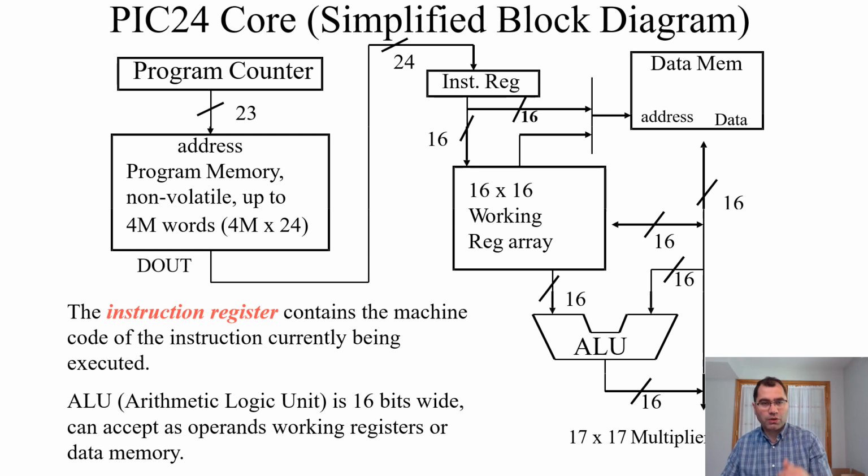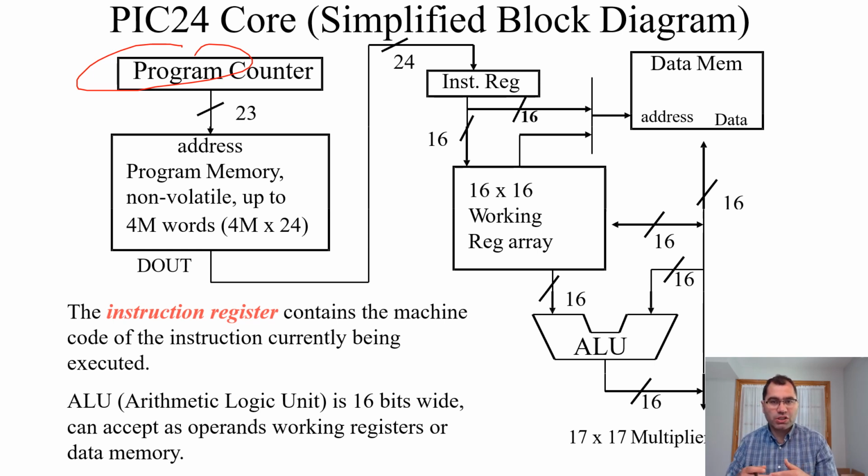On the left, we have a program counter. Basically, the program counter is a register in a computer, microprocessor or microcontroller that contains the address location of the instruction being executed at the current time.